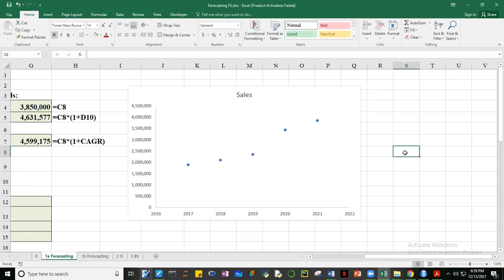Linear regression is to establish a line relating your y variable, which is sales in this case, and your x variable, which is year. If the relationship looks linear, of course it cannot be perfect unless they all occur exactly on the line, then that's okay.